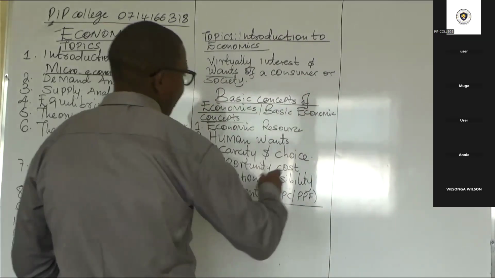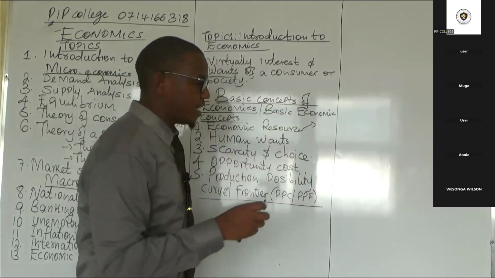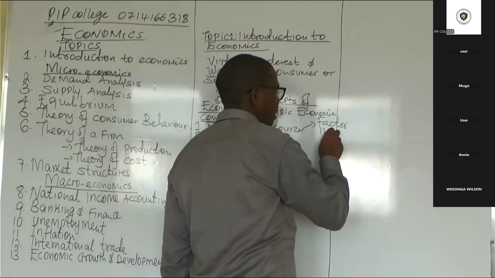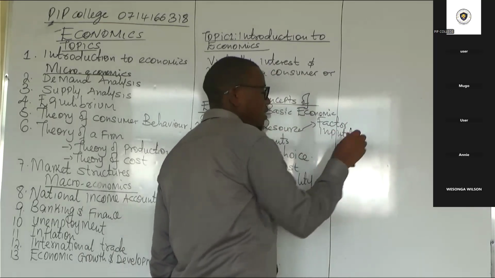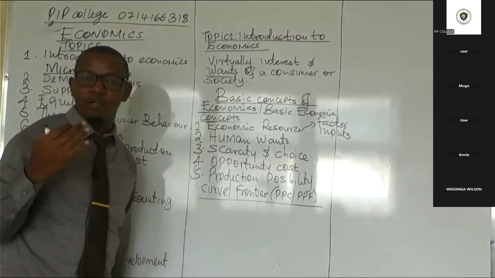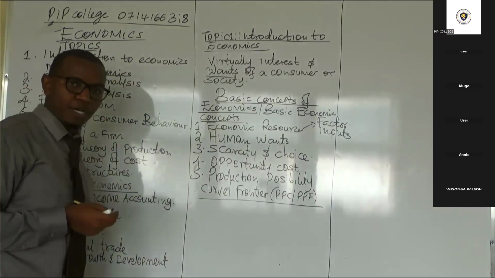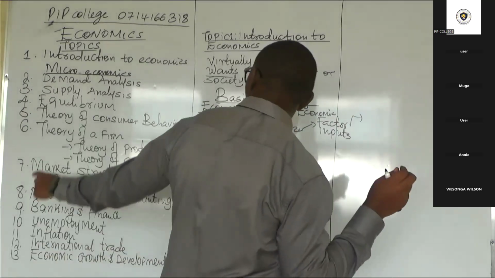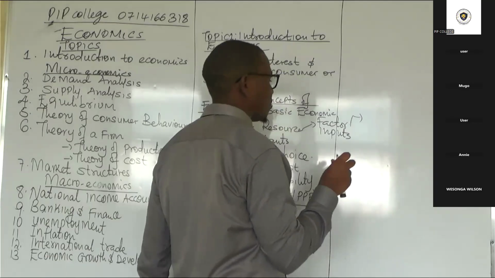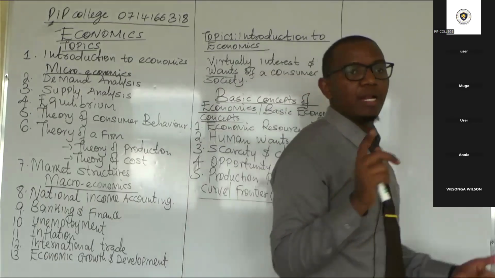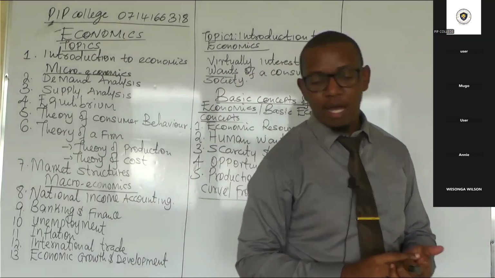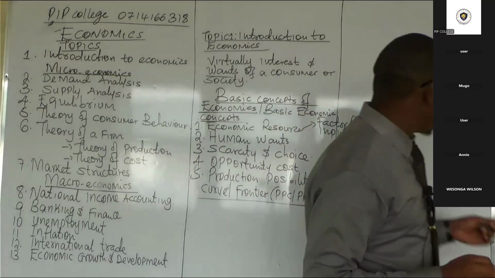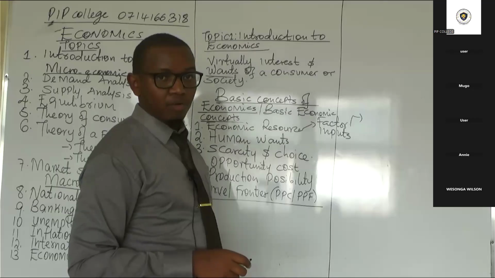Now, basically here we are talking about the factor inputs, which in this case will give rise to what we call the factors of production. On the factors of production, which we'll learn in the theory of production, we talk about labor, capital, and land.